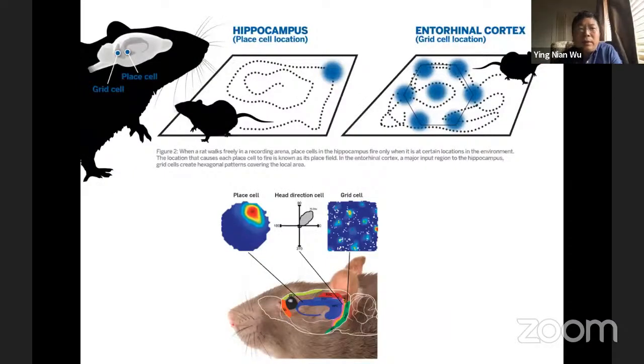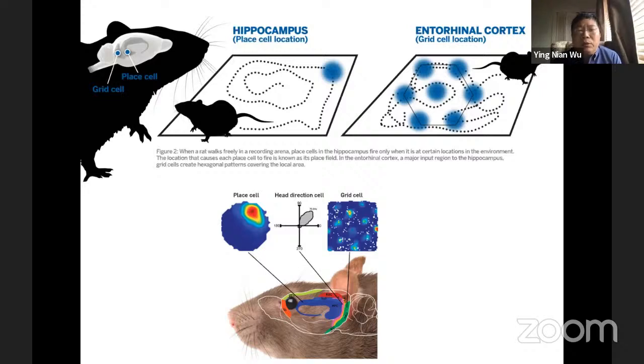So the grid cells and also the place cells were involved in the navigation of the mammals. So the grid cells were discovered in the entorhinal cortex, and the place cells were discovered in the hippocampus. And also there are these so-called head direction cells. So when you change the direction, the cell will fire.